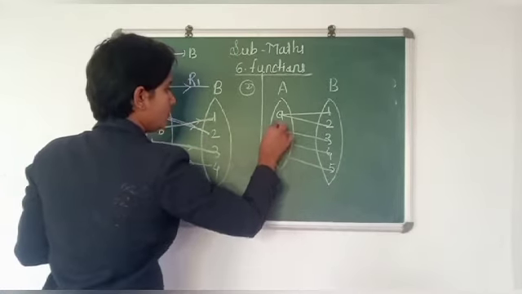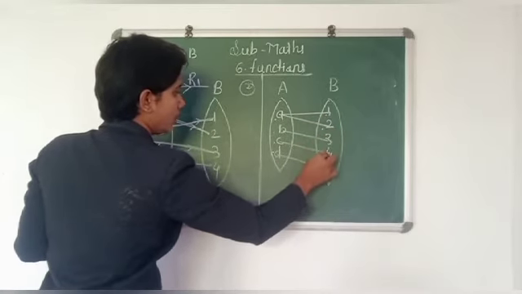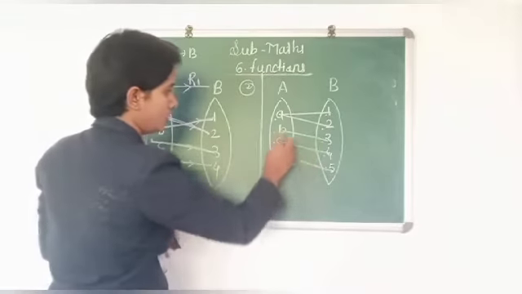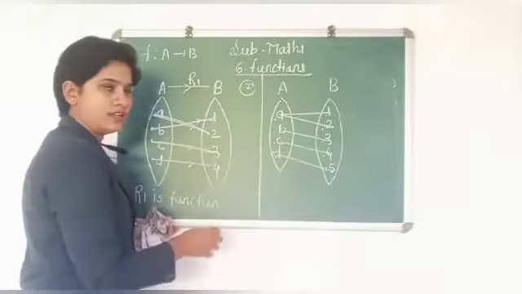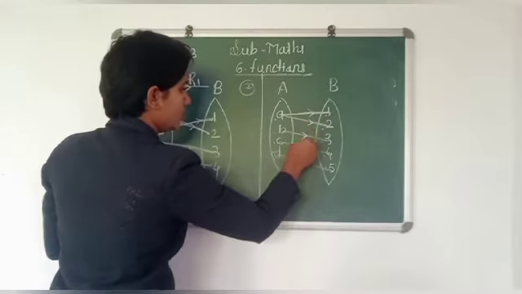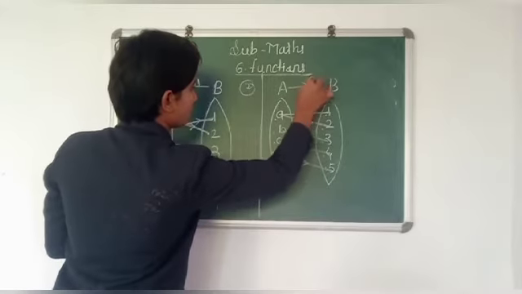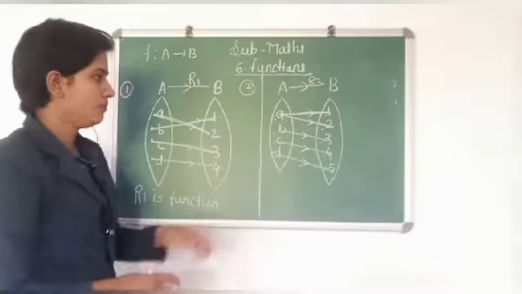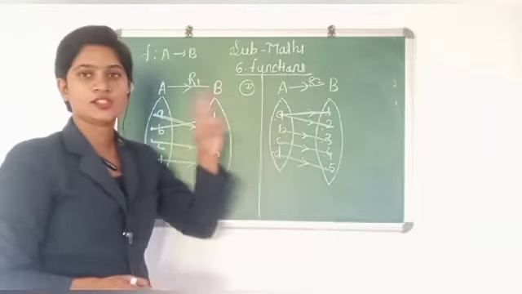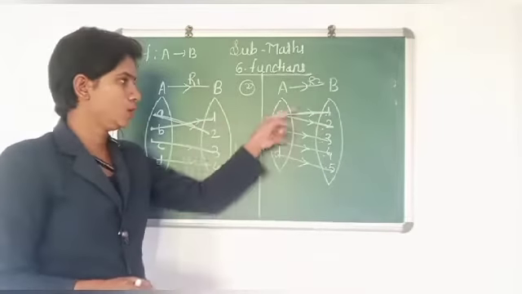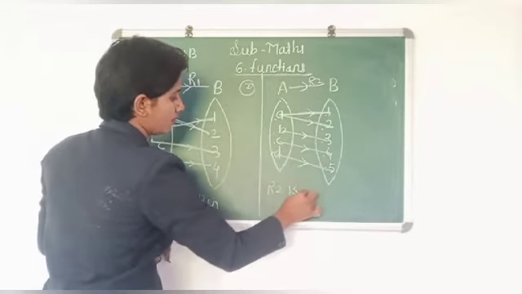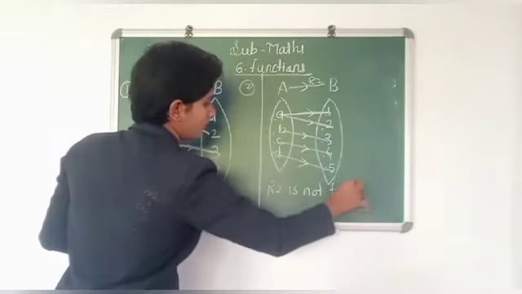Observe the first element of set A, which is A, and this A has two images in set B. So this R2 is not a function. Why is R2 not a function? Because every element of set A should have a unique image in set B, but this element A has two different images in set B, because A goes to 1 and A goes to 2. So R2 is not a function.